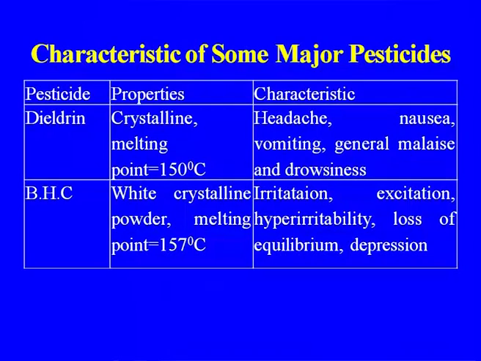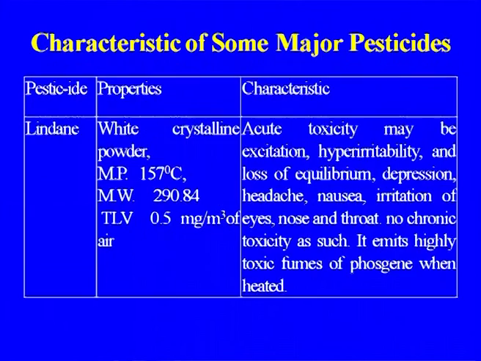So BSC causes irritation, excitation, hyperexcitability, loss of equilibrium, depression. Similarly, lindane: acute toxicity may be excitation, hyperexcitability and loss of equilibrium, depression, headache, nausea, irritation of the eyes, nose and throat, no chronic toxicity as such. It emits highly toxic fumes of phosgene when heated.